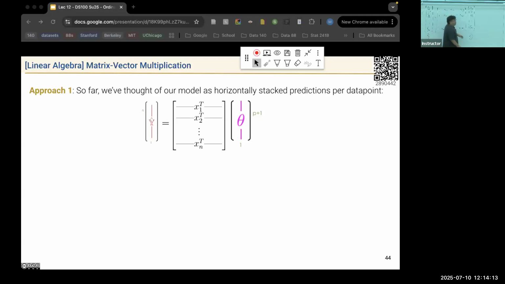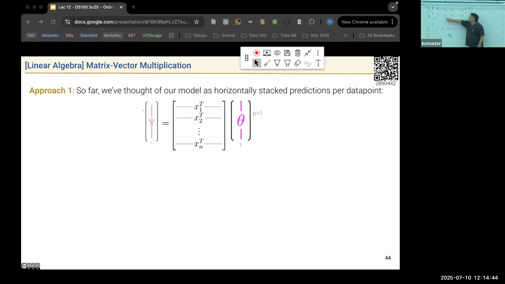So when I multiply this design matrix by the theta vector, what I'm doing is first row times this column, so element-wise multiplication, add them up. Second row times this column, etc. However, if you notice what you're doing here, the result of multiplying the first row and this vector is going to be theta naught plus theta 1 x11 plus theta 2 x12.